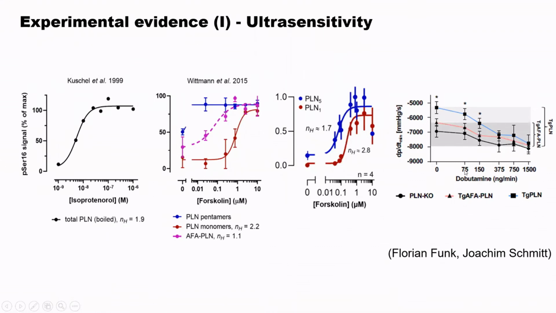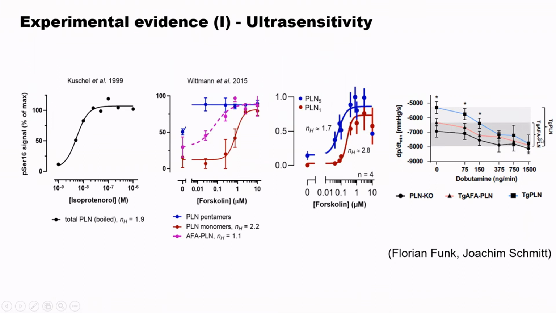And in particular, he generated a transgenic mouse model with only monomeric phospholamban, no pentamers, and compared that to the wild type situation. And when he looked at the relaxation of the heart as a function of beta-adrenergic stimulation, he also found that the slope of the curve for the mice without pentamers was much shallower than for the wild type mice.